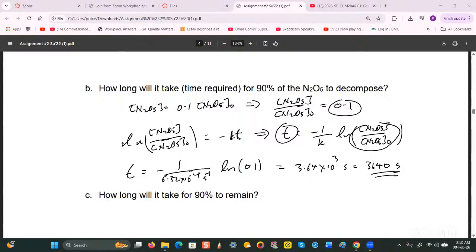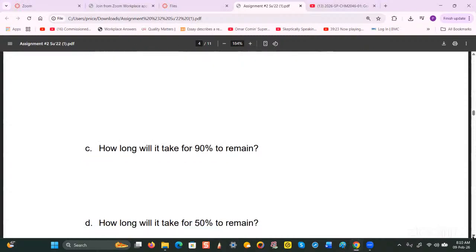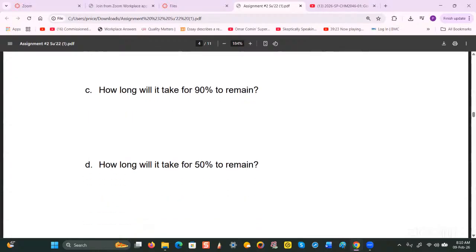All right, so let me clear this and scroll down to C. Now C is asking, how long will it take for 90% of the, okay, I'm assuming they're talking about of the reactant to remain. In this case, you're going to use the same equation as we did in B. So t is equal to minus 1 over k, ln of the concentration of N2O5 over the initial concentration of N2O5.